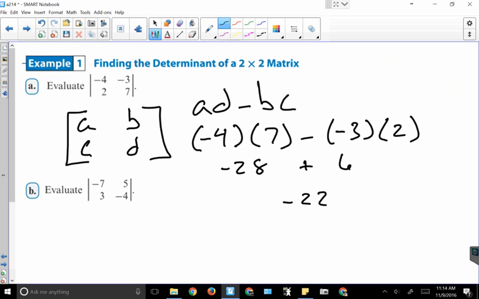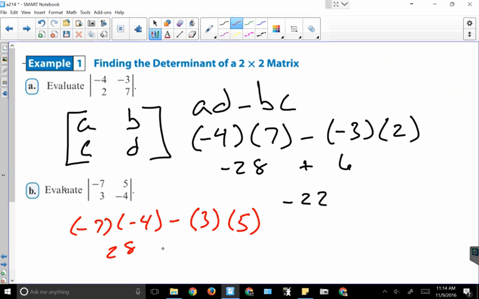So if I want to do the determinant of B, that would simply be -7 multiplied by -4 minus 3 multiplied by 5. So I end up with 28 minus 15, and so I end up with 13.